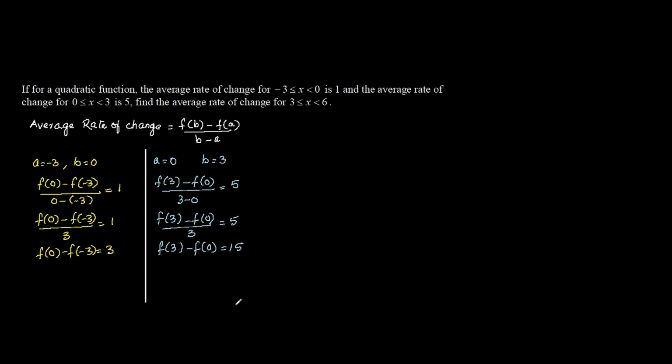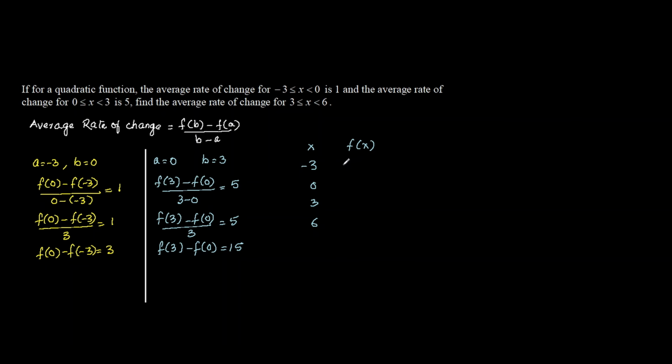Now, once we know these values, let us understand the quadratic function's differences. We know the values of x, and then we have f(x). Now, consider the values of x as -3, then 0, then 3, and then 6.